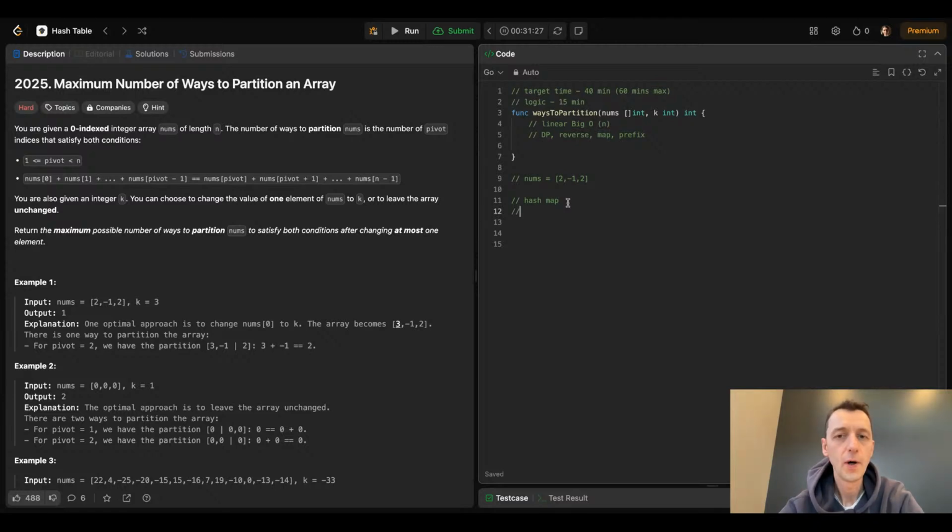Hash map could be what? Actually, we could use a value, an integer, and then its index. By the way, that approach is used to solve the two-sum, because it allows you to immediately know if there is this number and know its index.